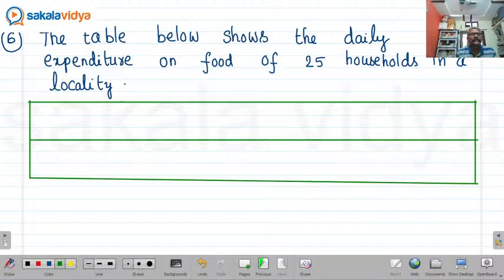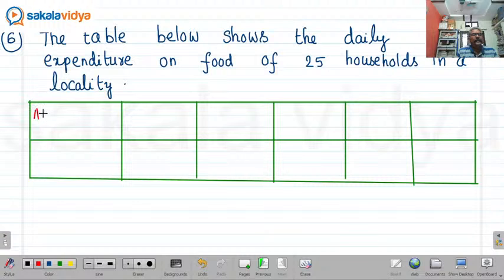Okay, let us note down what is given. 100 to 150, one class interval, 150 to 200, 200 to 250, 250 to 300. Let us write it now.